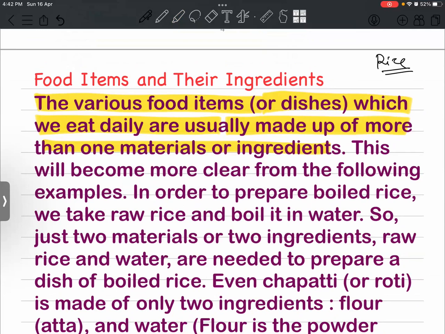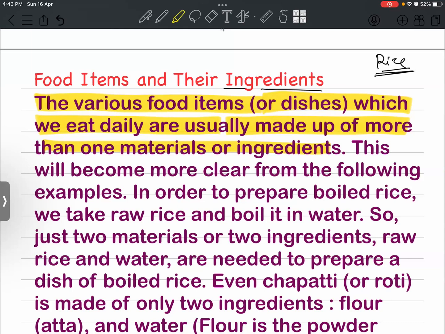It doesn't have any ingredients. It is not cooked. So food will always contain two or more ingredients, right?